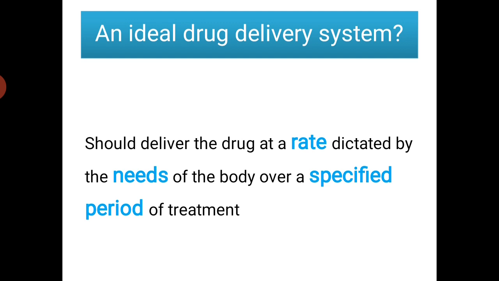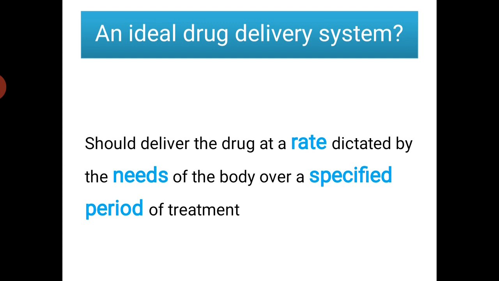That means what is the specified period for the treatment? Within the specified period only, the drug delivery system has to release the drug molecule. This is one of the specific characteristics of a drug delivery system. So the 3 main characteristics we saw, that is the rate, need and specified period, I'll explain once again.